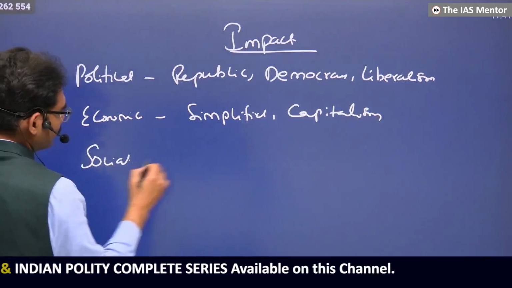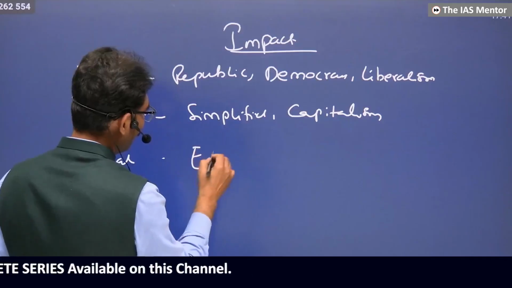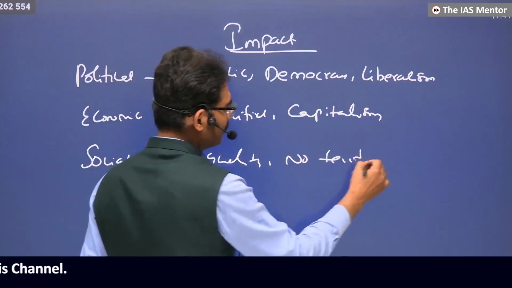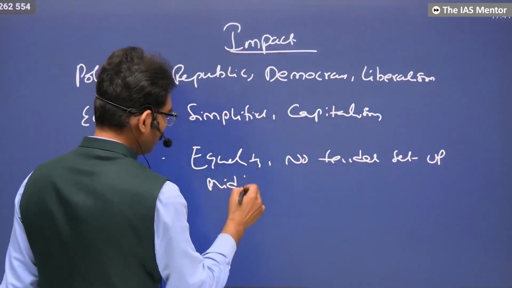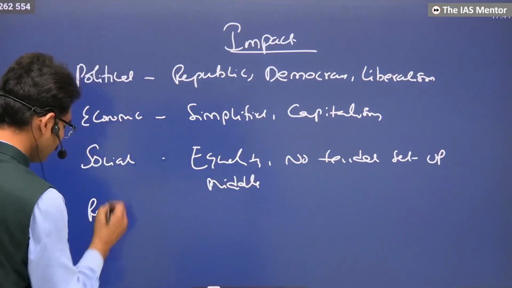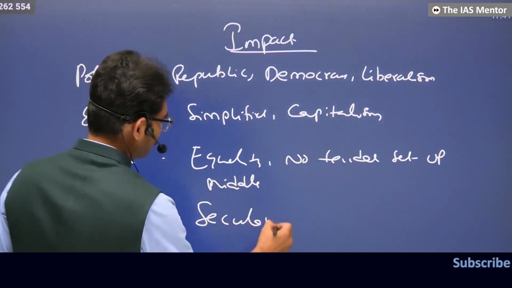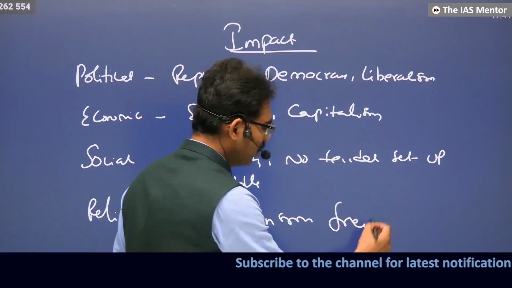Social: brotherhood or equality. No feudal setup. The middle class got opportunity to enter into administration and became economically powerful. Religion: secularism, the state is different, religion is different. Religious freedom they got.